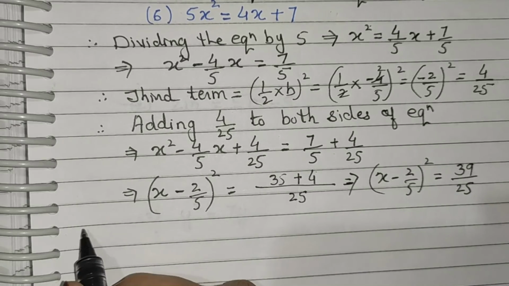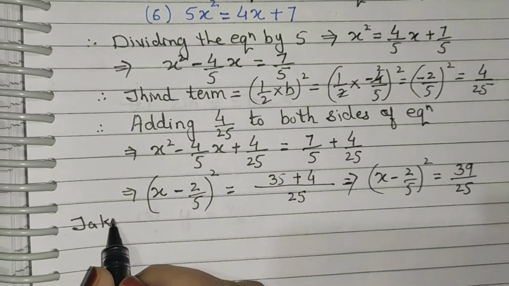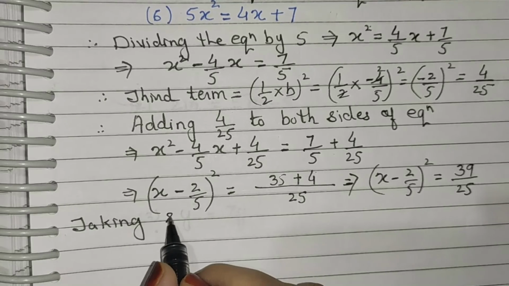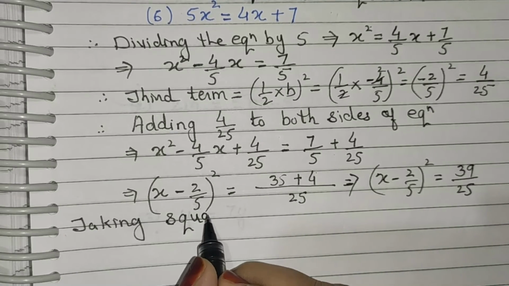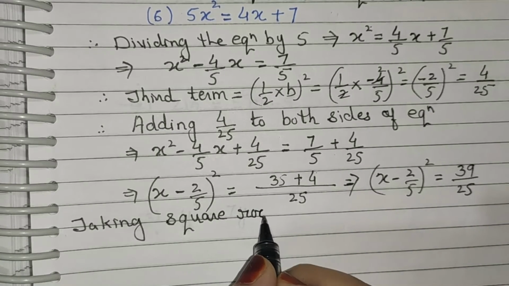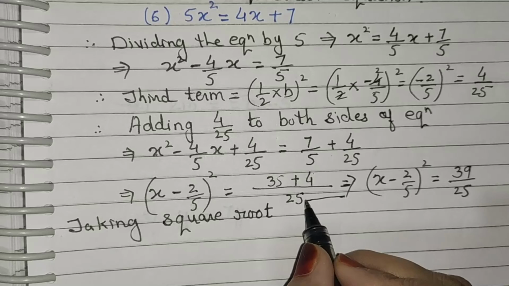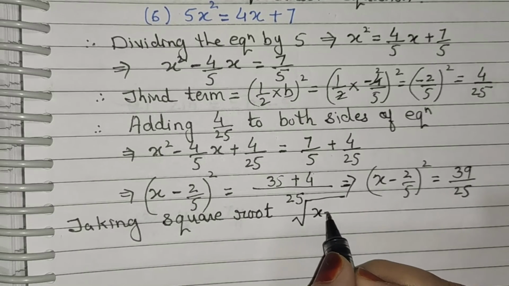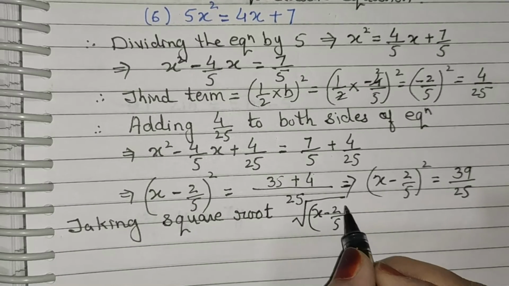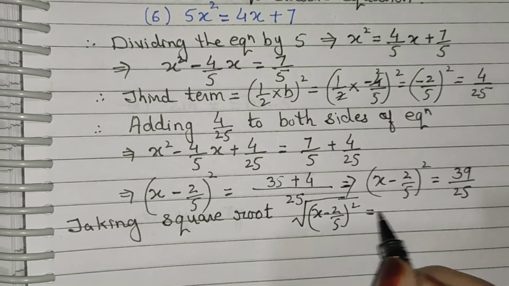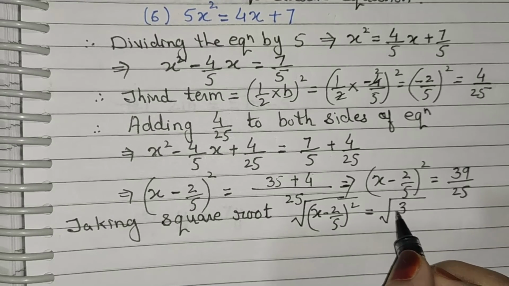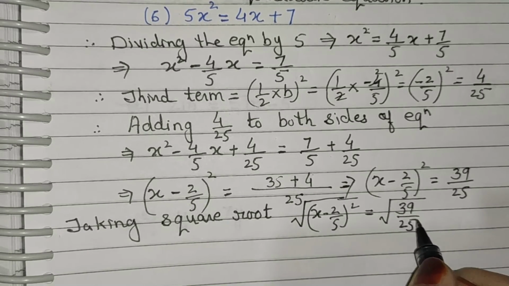Now taking square root, square root of x minus 2 upon 5 whole square is equal to square root of 39 upon 25.